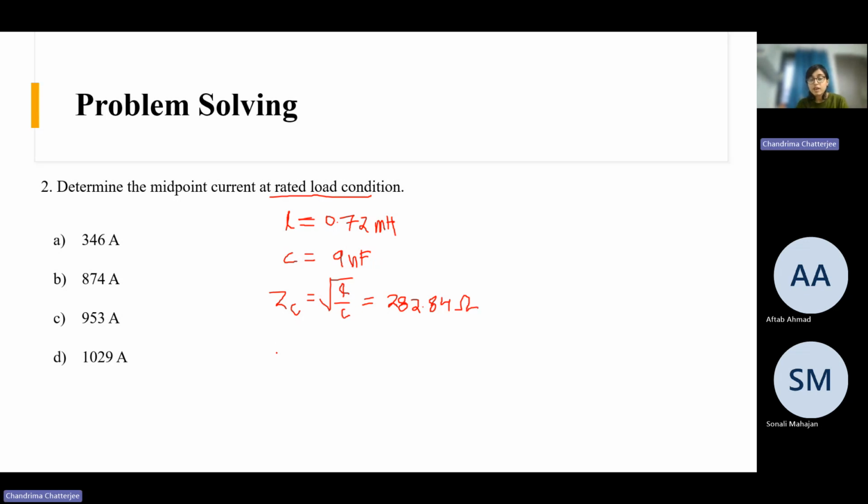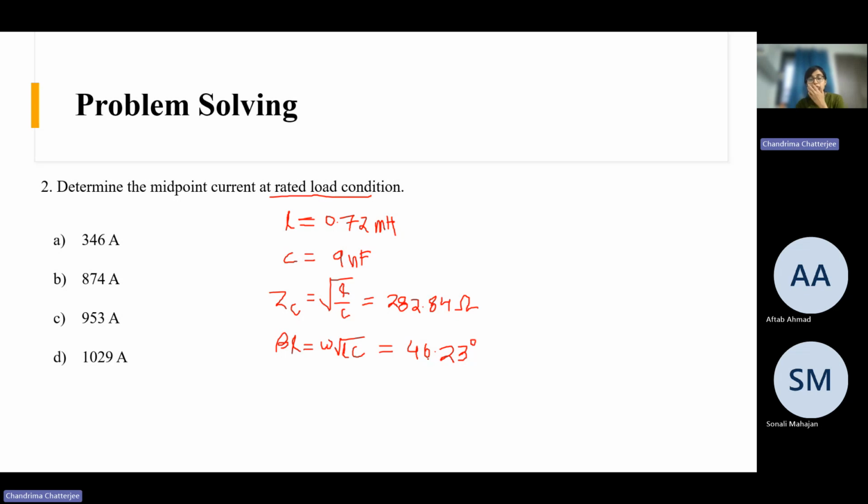Then we will have to find beta L. Beta L is omega root LC, which I have found to be 46.23. The details of the calculations I am not showing here. You can verify them later.